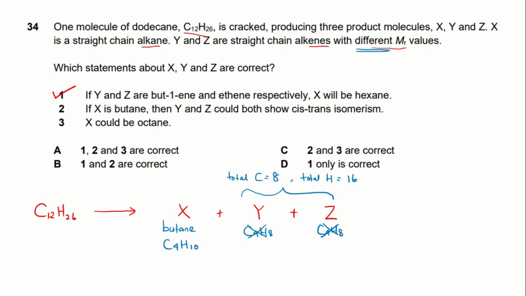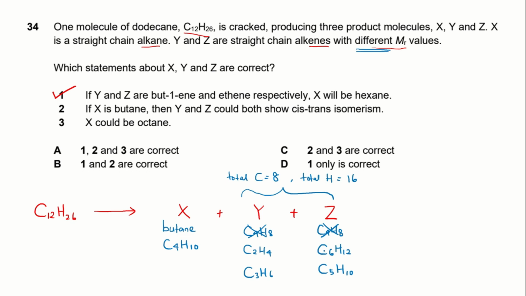So let's try other combinations. The smallest alkene will be ethene. If Y is ethene, 8 minus 2, there will be 6 carbons in molecule Z. Z will be hexene. Let's increase 1 more carbon in Y. If Y is propene, there will be 5 carbons in Z molecule. Z will be a pentene.